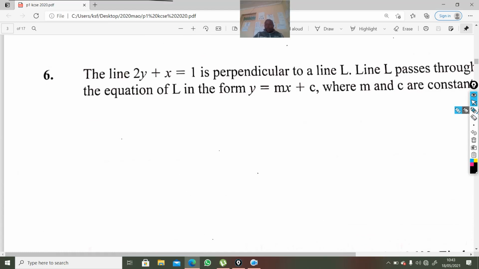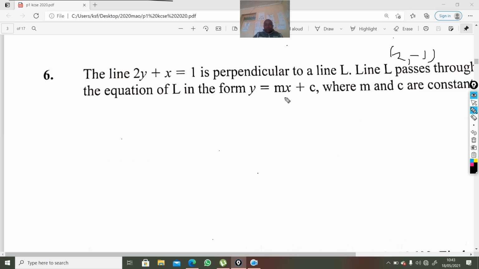The question reads that the line 2y plus x equals 1 is perpendicular to a line L. Line L passes through the point 2, negative 1. Determine the equation of L in the form y equals mx plus c, where m and c are constants.